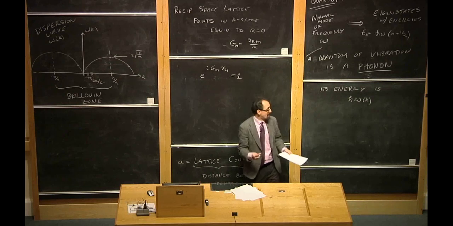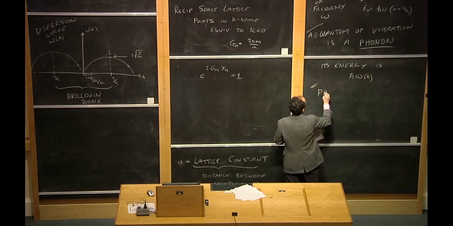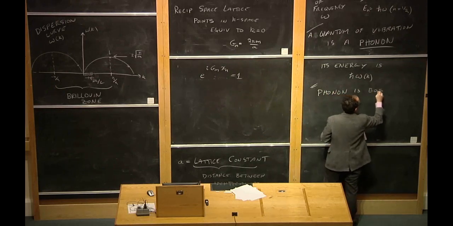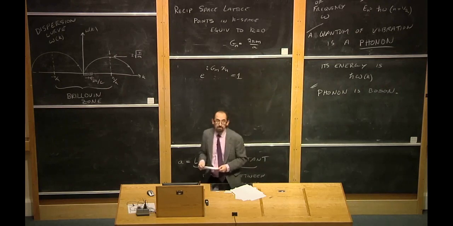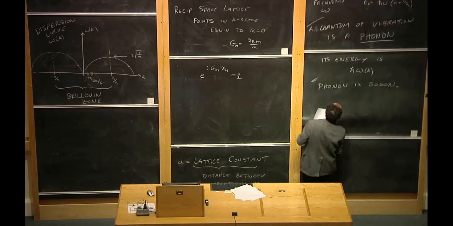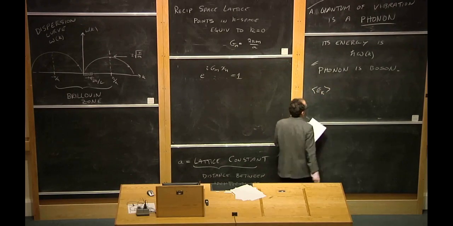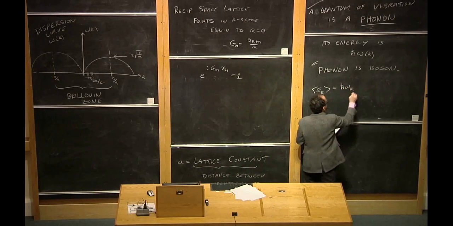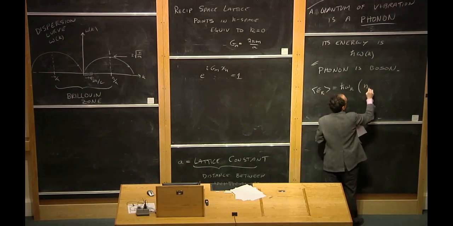Now, of course, a phonon is a boson, because you can put more than one phonon in a given k mode. And the energy of the phonons in a particular k mode is h bar omega k times the Bose factor plus 1/2.